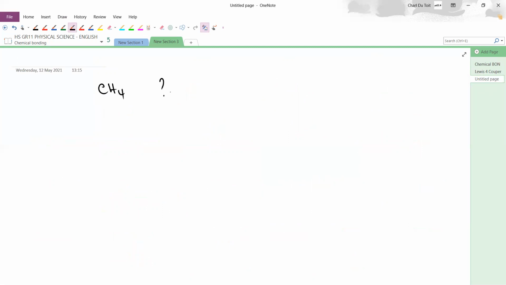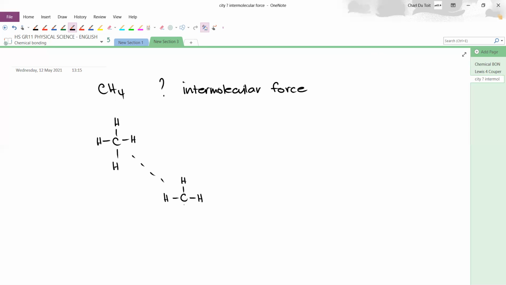And they're going to ask you, what intermolecular force is there? Because they only show you that one molecule, you sometimes forget that they're actually referring to the force between various CH4 molecules. Right, so we're going to look at the van der Waals forces.